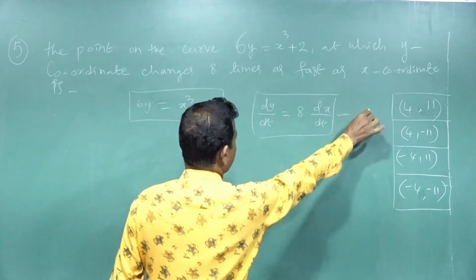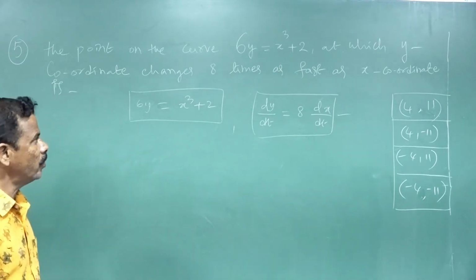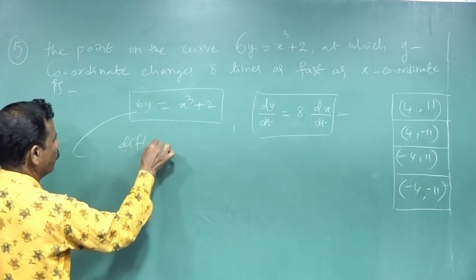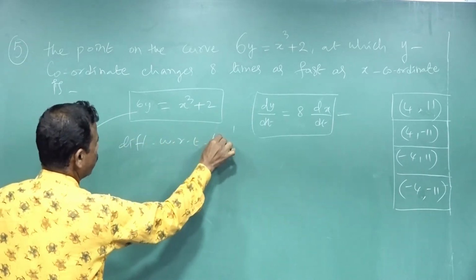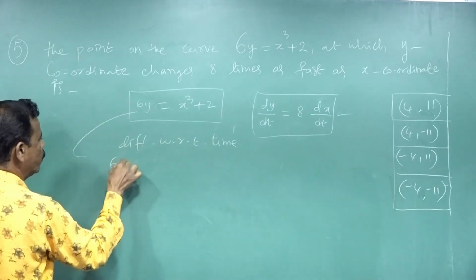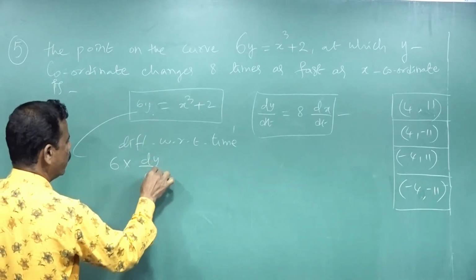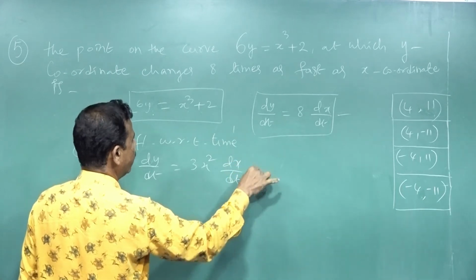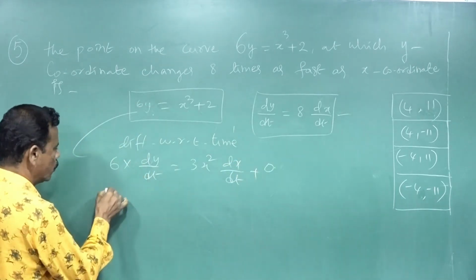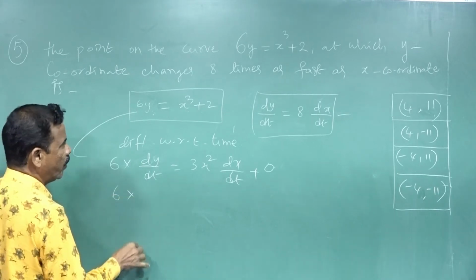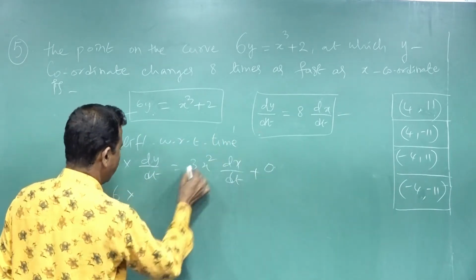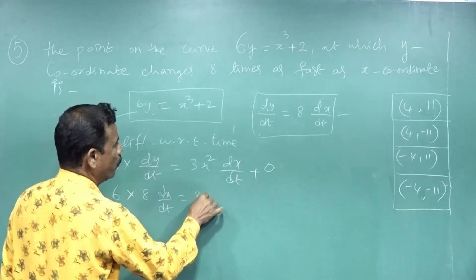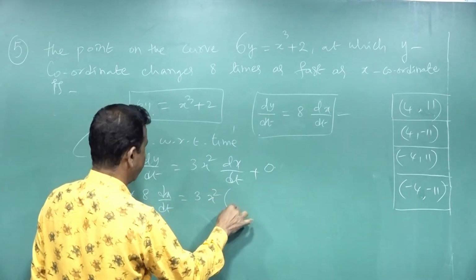Now differentiate this function with respect to time. So 6 into dy by dt is equal to 3x square dx by dt, the derivative of 2 is 0. So 6 into dy by dt, where dy by dt is nothing but 8 into dx by dt, is equal to 3 into x square dx by dt.